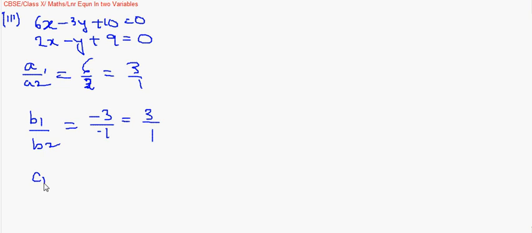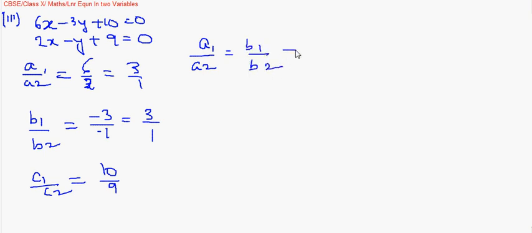And c1 by c2 is 10 upon 9. So we see that a1 by a2 is equal to b1 by b2, but it's not equal to c1 by c2. That means if you plot these two equations, we find that they will be parallel lines. That means there will be no solution to these two given equations.